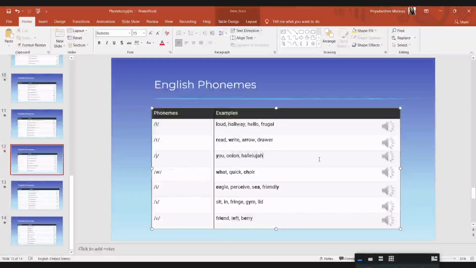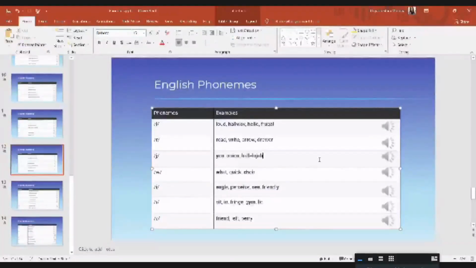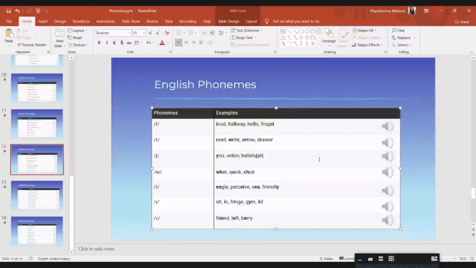Ma'am, because the I and O together give the sound of Y. Exactly. The way the I and the O work together, it sounds more like a Y rather than an E or an I, right? So it sounds like onion. If you hear yourself say onion, you'll notice that there is a Y in there.